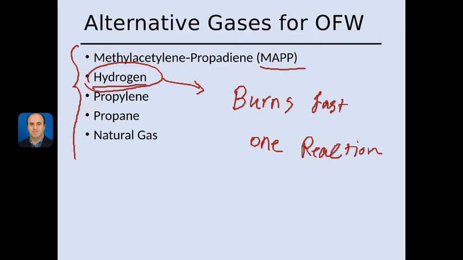Propylene is the next one, then propane, and natural gas. Among these gases, hydrogen has a higher temperature, and acetylene has a higher temperature than propane and natural gas as well as propylene.